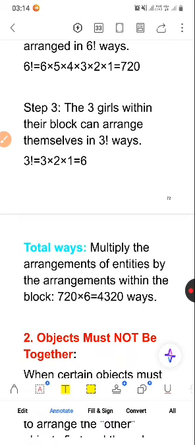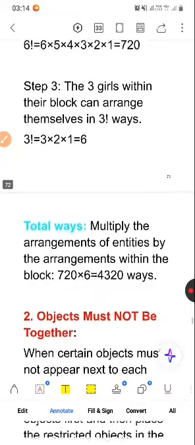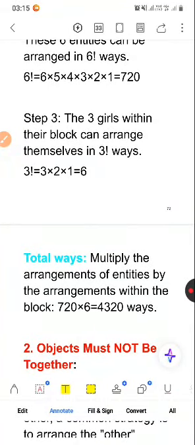So here, after finding the number of ways that 5 boys and the 3 girls being treated as one, which is 6 entities, can be arranged, which we realized is 720, you then come to the girls. Now they were being treated as one, but here we want to know the number of ways that the 3 girls can be arranged among themselves, and it's going to be 3 factorial.